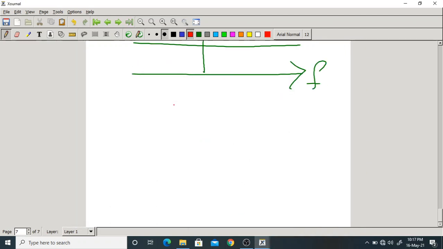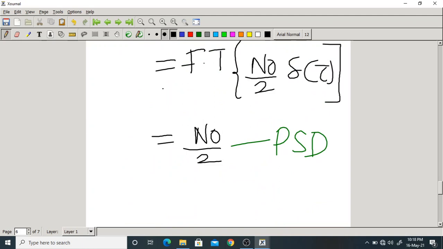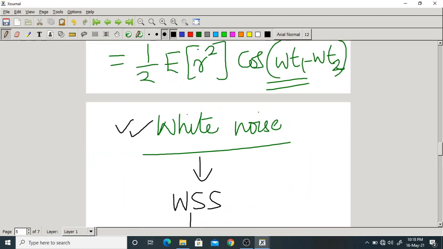Now actually, what is white color? White light, not color. How do we get white light? If you mix red light, green light and blue light in equal proportions, or mix them uniformly, you get white light. Now why is it called white noise?